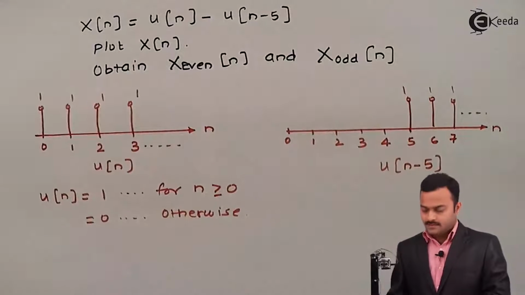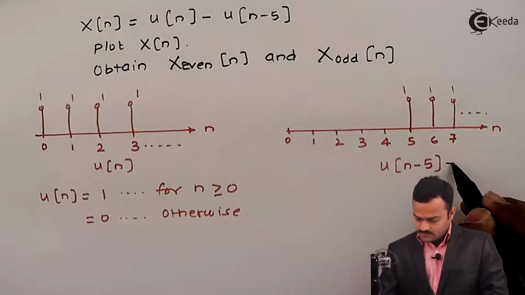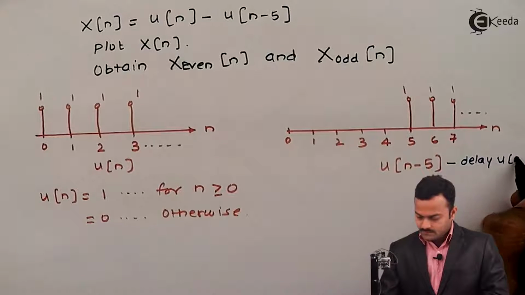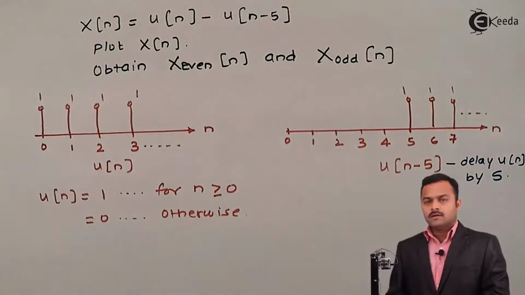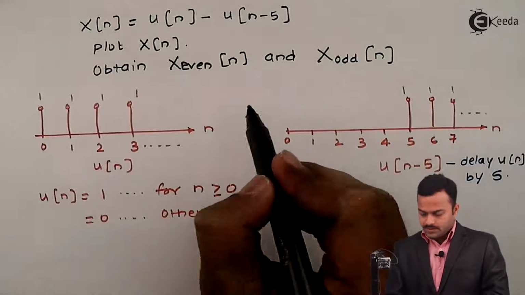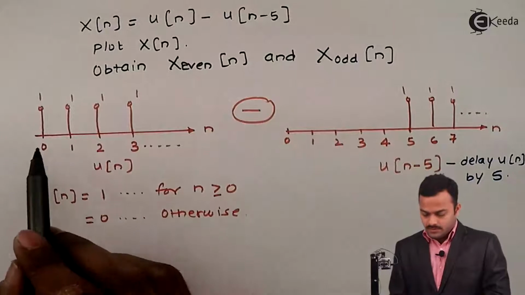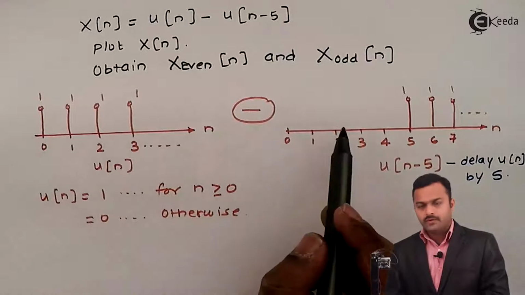How do we obtain that? We delay u of n by 5. Now the overall signal will be the subtraction of these two signals. Remember, this is from 0 to infinity.